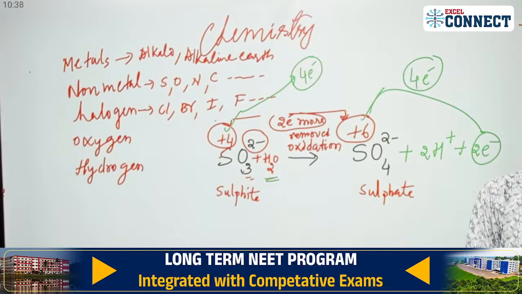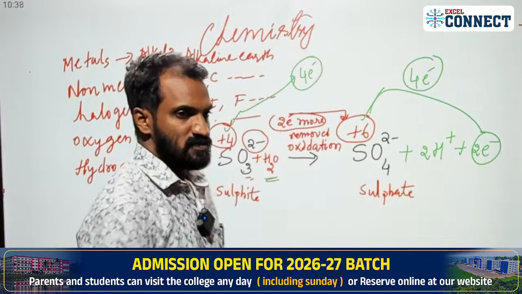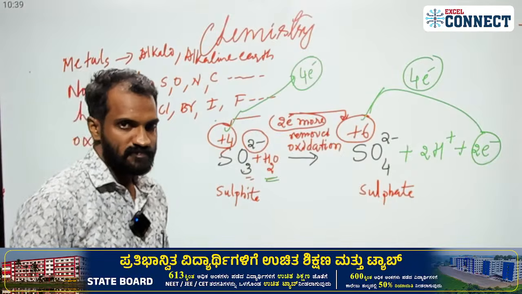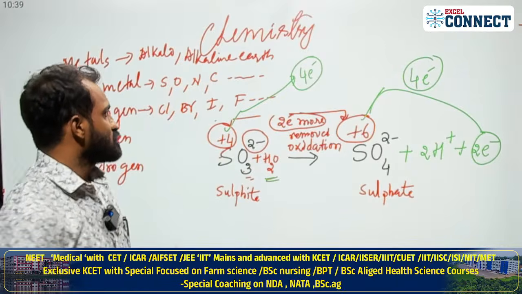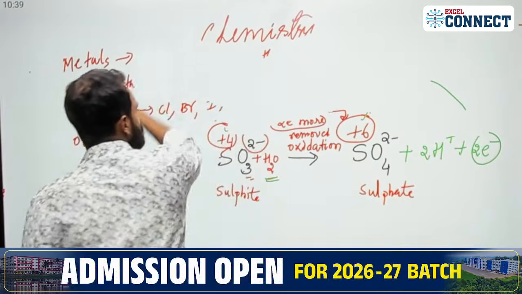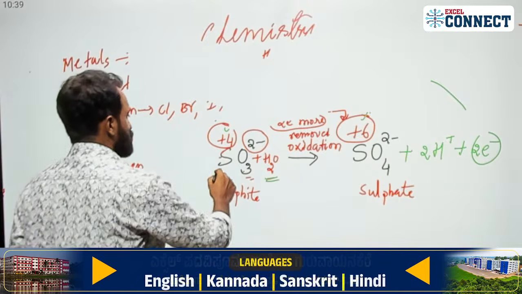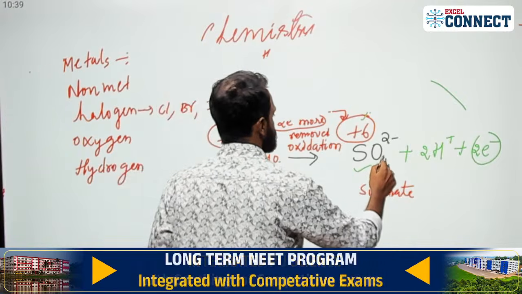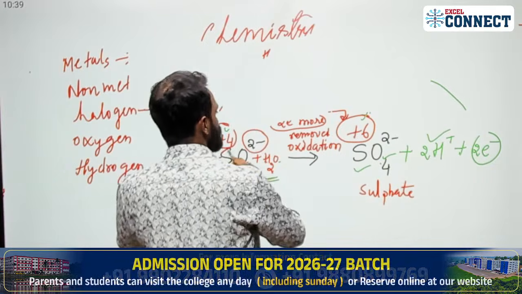Do you get my point? Have any doubts? So we are writing like this. The equation is balanced like this. See, this is the balanced equation. Look at this one. 1 sulfur, 1 sulfur. 3 plus 1, 4 oxygen, 4 oxygen. 2H plus, 2H plus. And here 6 electron requirement.